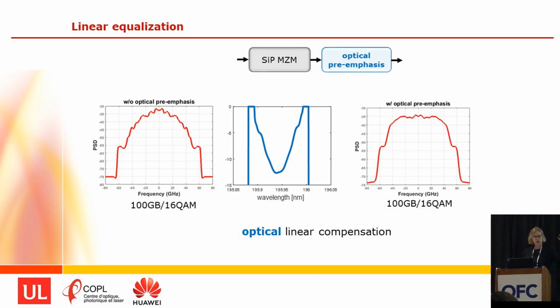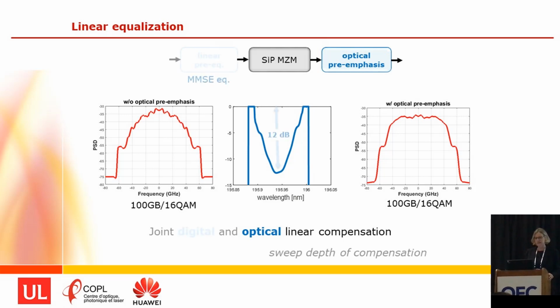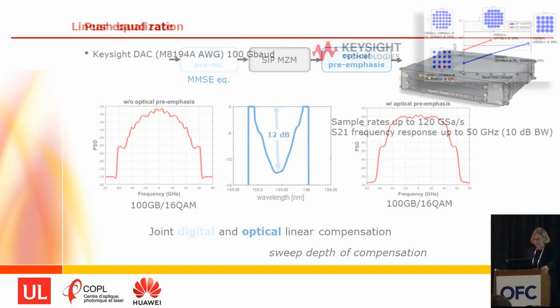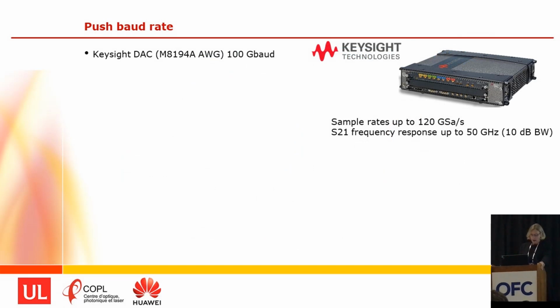And in fact, what we do is we optimize the depth of that compensation by optimizing the mix of digital preemphasis and optical preemphasis. This is similar to a method we used in our previous demonstration up to 85 gigabaud, but now we're applying the same methodology at 100 gigabaud. We were able to move to the 100 gigabaud demonstration using some equipment loaned to us by Keysight. I want to acknowledge them.